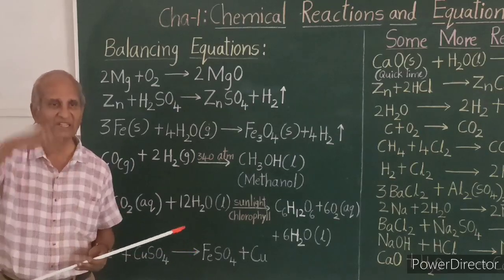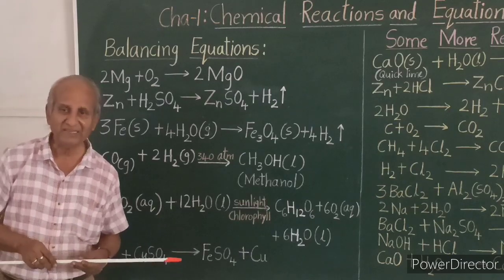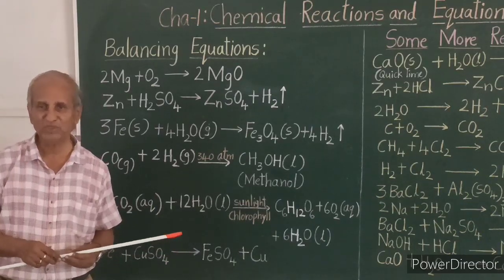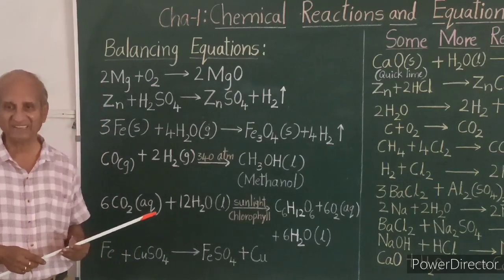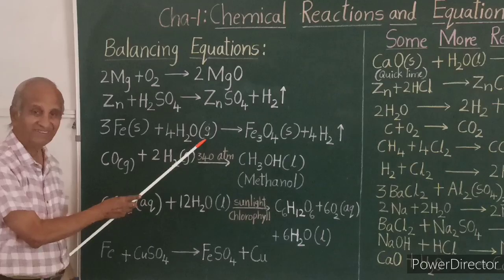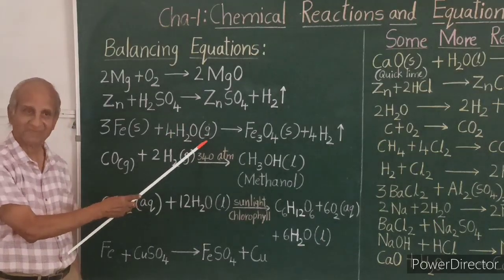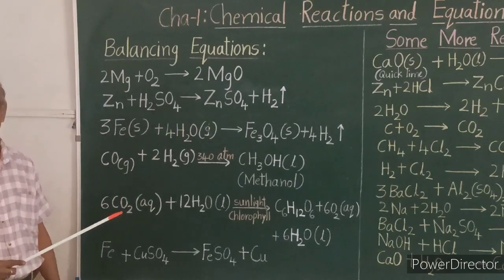We have not painted the iron bars properly, they get rusted. From where did it get water? It got that water which was in the air. Moisture in the air. That's why we have written G. Water in the form of gas. Water in the form of moisture in the air.